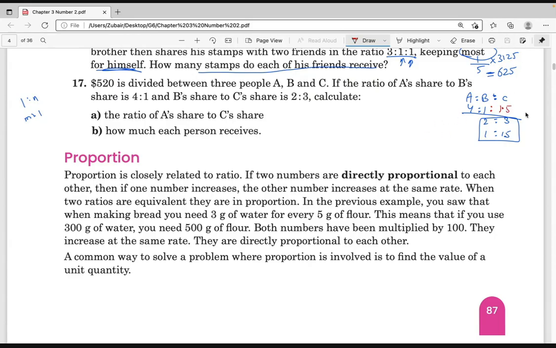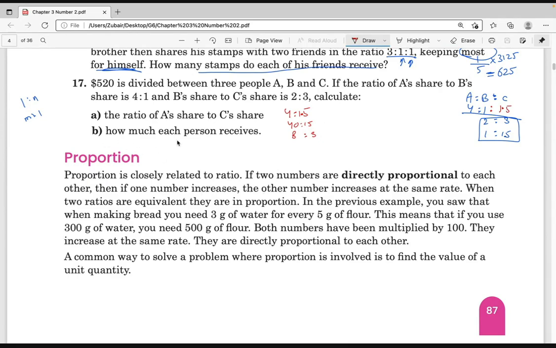Clear? Yes, sir. I can say the ratio of A ratio C is 4 ratio 1.5, but we need to simplify it. So that is 40 ratio 15, divided by 5 is 8 ratio 3. Clear? Yes, sir.